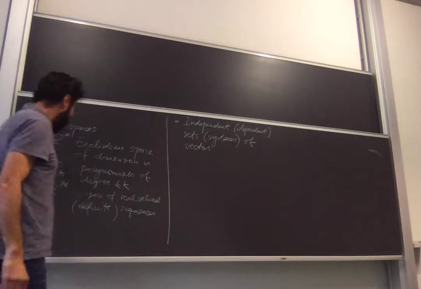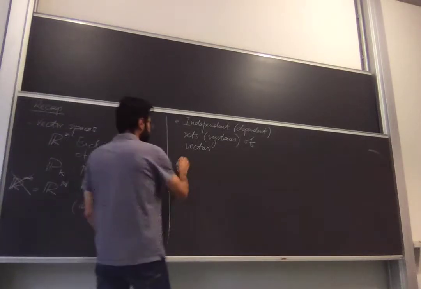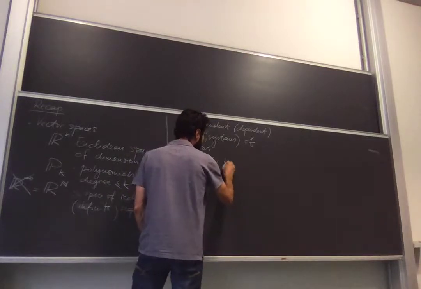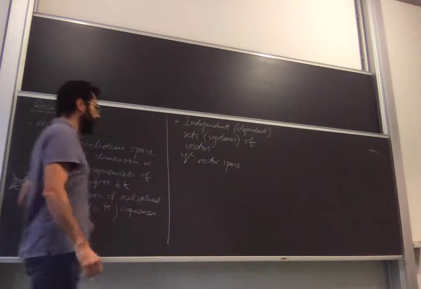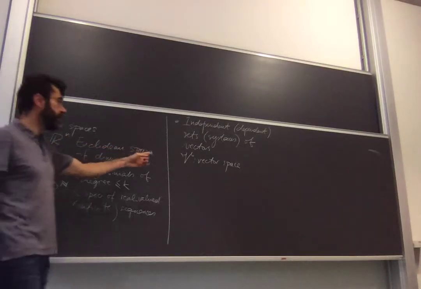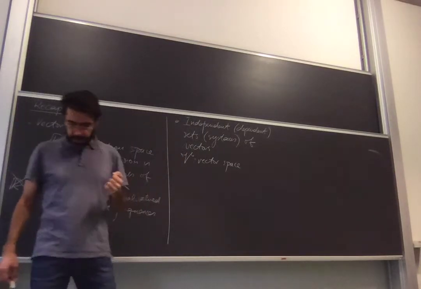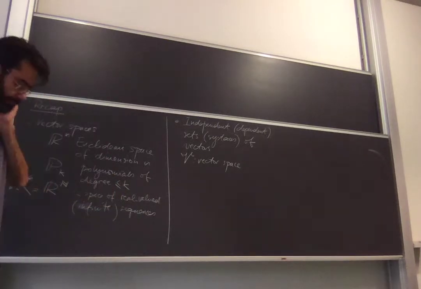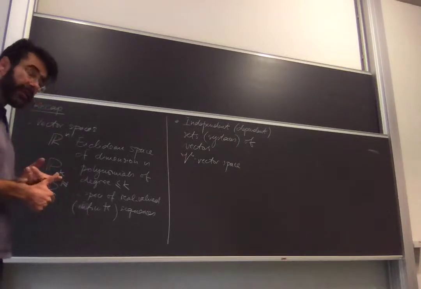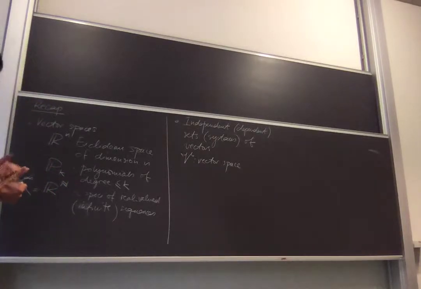So if V is a general vector space, what is a vector space? A vector space could be any one of these characters here, or could be something else. The important thing is that it has some algebraic structure, which is basically being able to add objects in a vector space and to multiply them by scalars, or scaling.